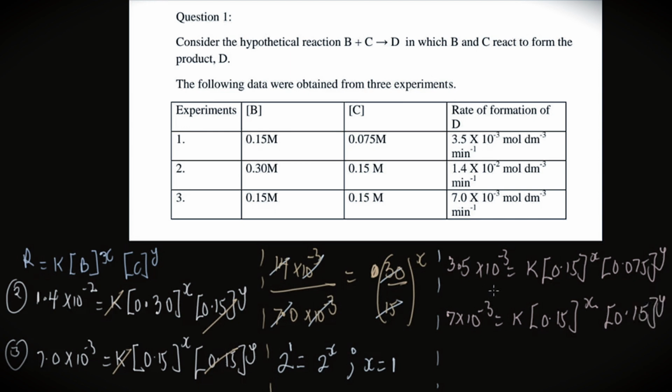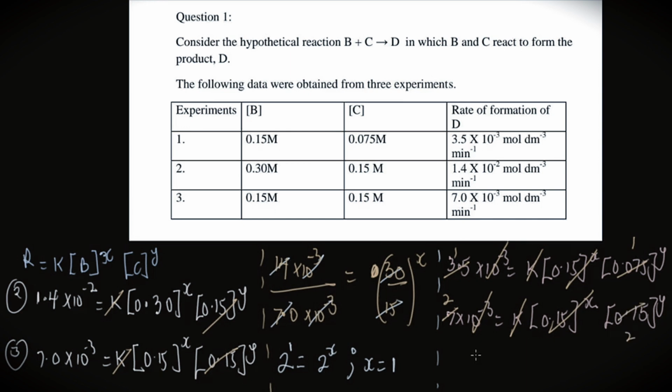So this cancels out. The left side becomes 1 and 2, right?